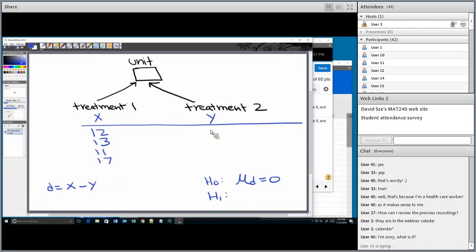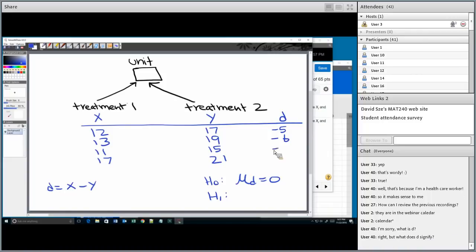And maybe for treatment 2, I get a sample something like this. Okay. So D is just X minus Y. So if I were to calculate my D here, it's just X minus Y. So 12 minus 17 is minus 5. 13 minus 19 is minus 6. 11 minus 15 is minus 4. 17 minus 21 is minus 4.